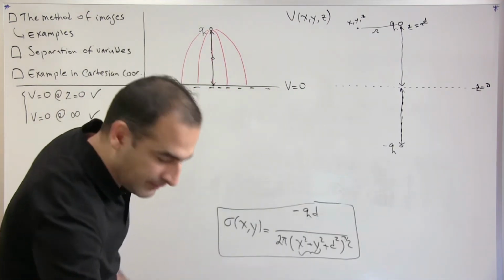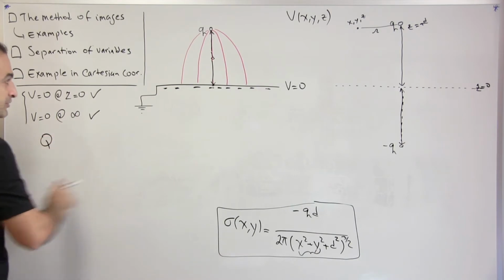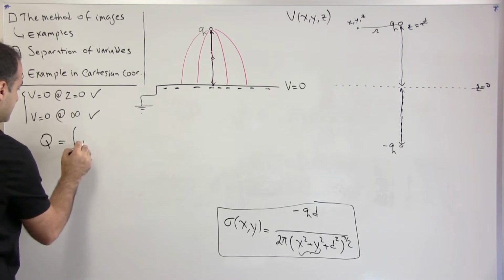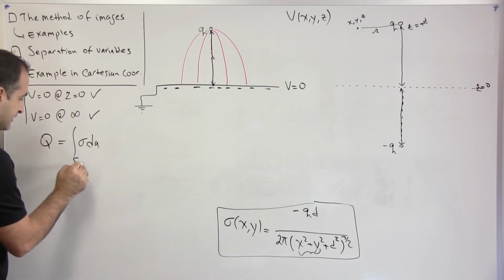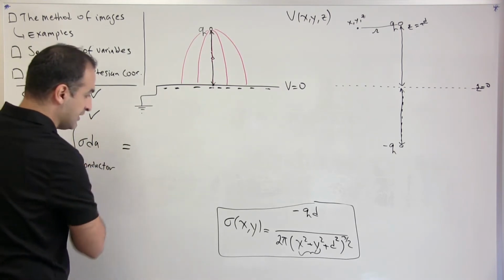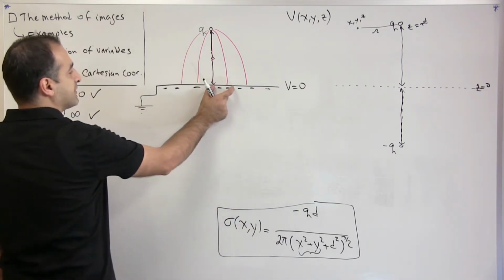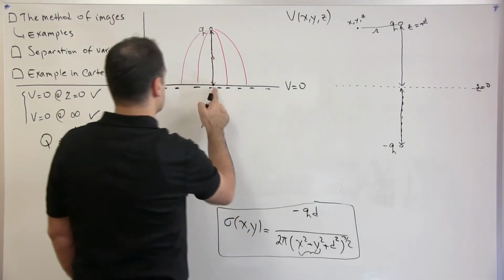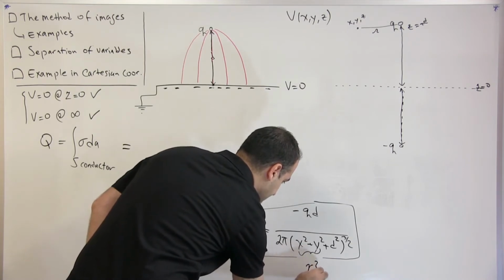Okay, so what we need to do is this. I want to calculate Q, the total charge induced on the surface, and that needs to be the integral of sigma dA over the surface of the conductor. Because here you have x squared and y squared, which is technically the distance from the projection of Q on the surface, I want to move to polar coordinates and use this as r squared.